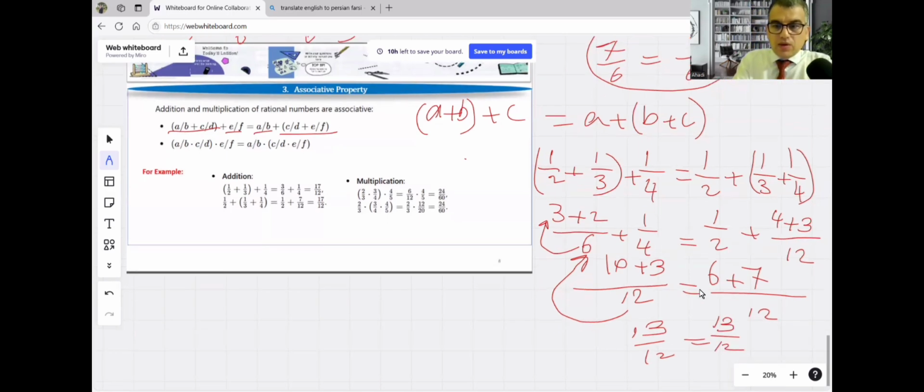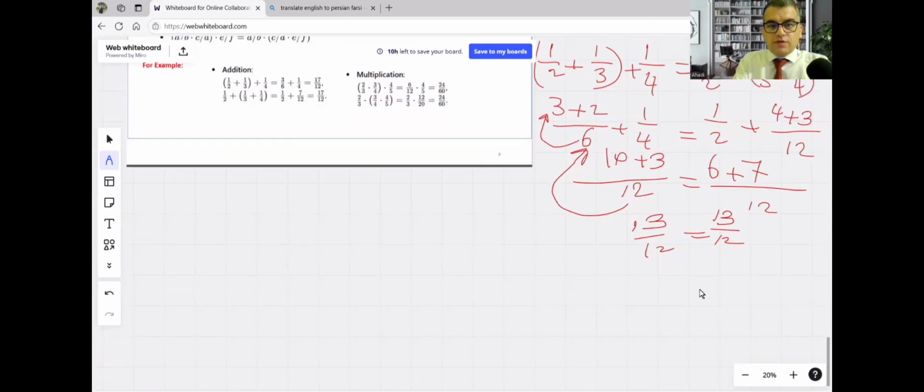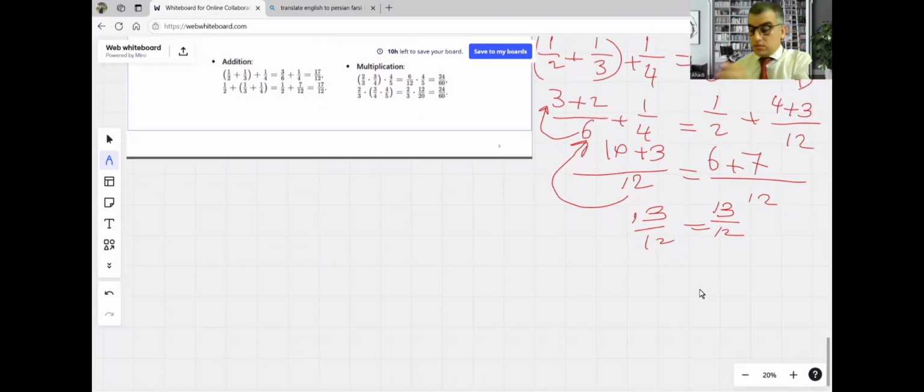The same thing we can apply to multiplication as well.